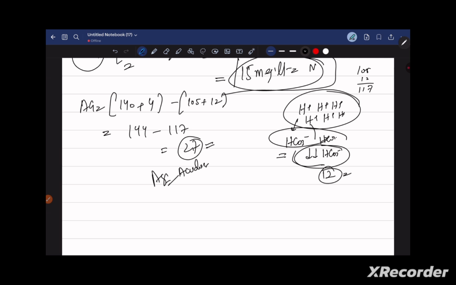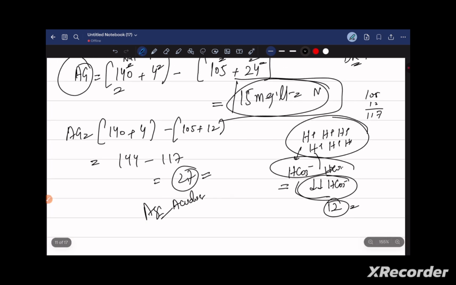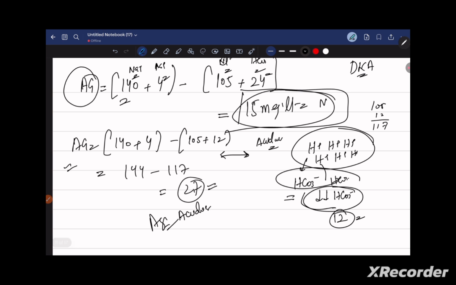Are you getting me? I want to check my concept. I earlier told you that when there is an increased anion gap, it means anion gap acidosis. Now here I considered the bicarbonate to be decreased, 12 milliequivalents per liter, because in diabetic ketoacidosis these protons are consuming the bicarbonates.